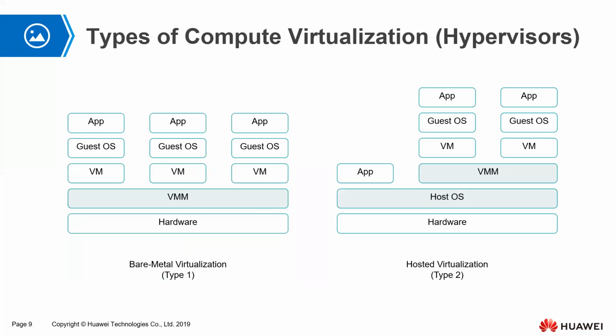We also looked at the different types of virtualization hypervisors. So we looked at type 1 and type 2. We also said that type 1 is also sometimes referred to as bare metal.